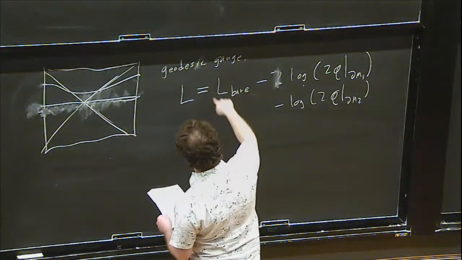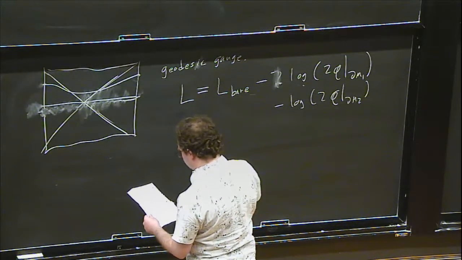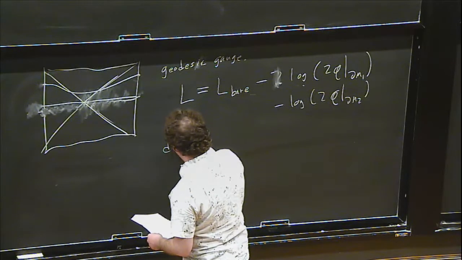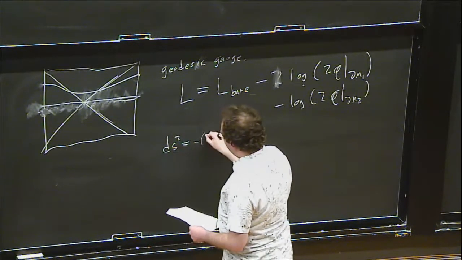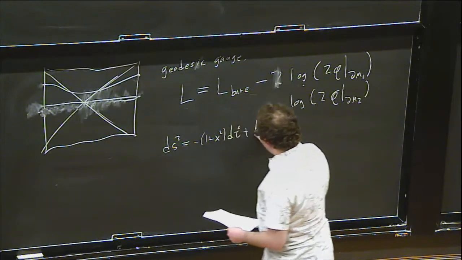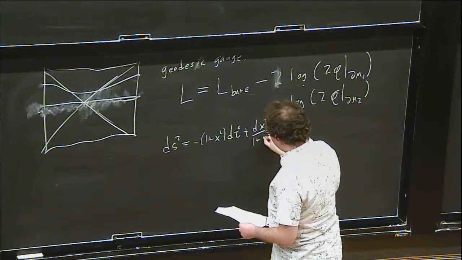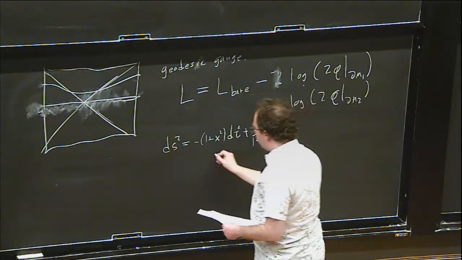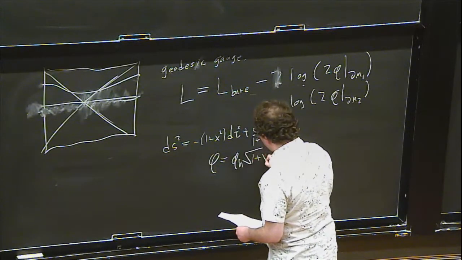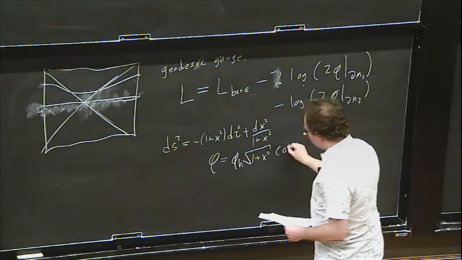Okay, so when you compute this length, one way to do the computation is to use the global coordinates, where we can write just the AdS2 metric in global coordinates like this. And in terms of those coordinates, the dilaton solution takes this form.